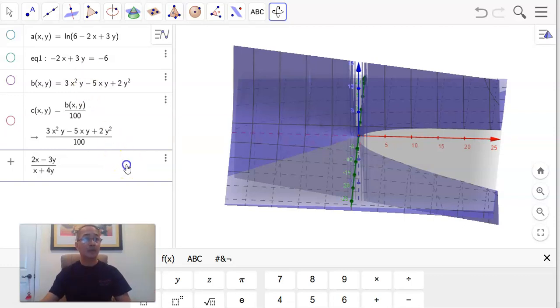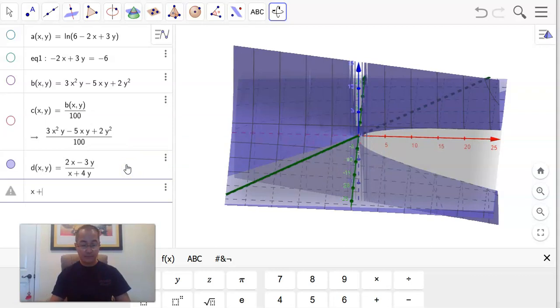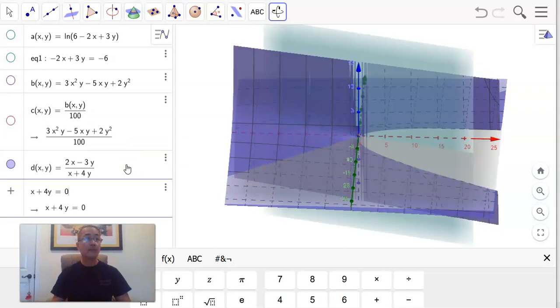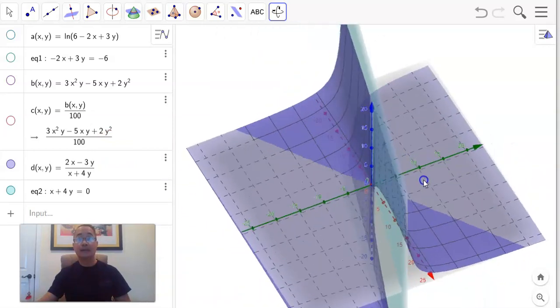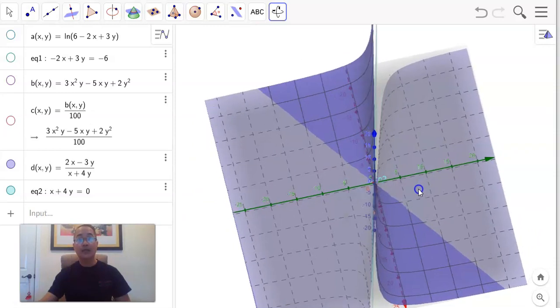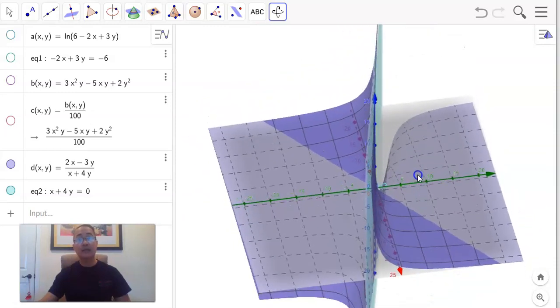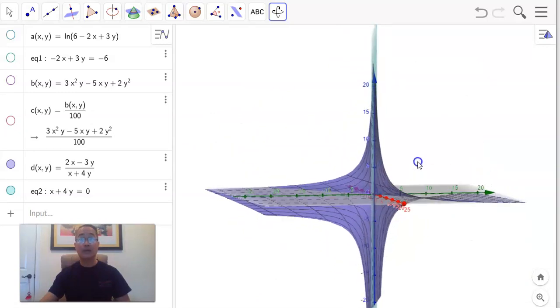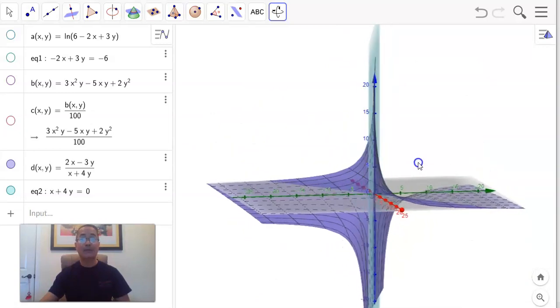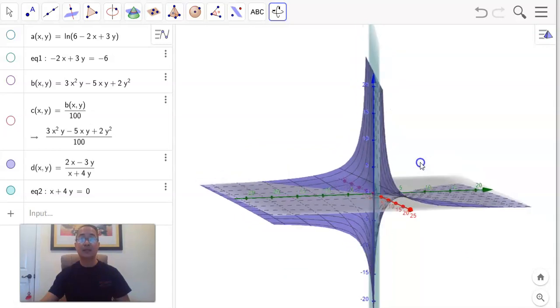So if we set the denominator to 0, we get a plane in space. All right, right there. Ooh, and check it out. If you look this way, it does look like there's an asymptote going on there. If you remember from your basic calculus and pre-calculus, there seems to be an asymptote going on there.